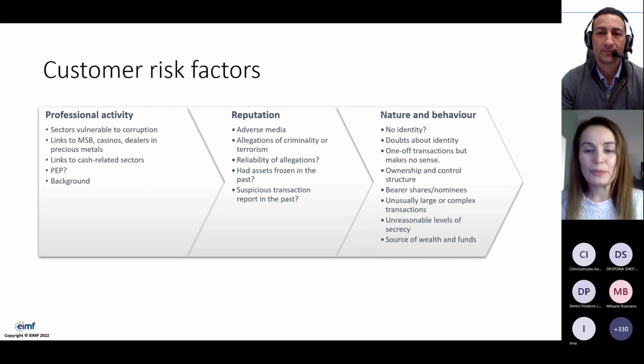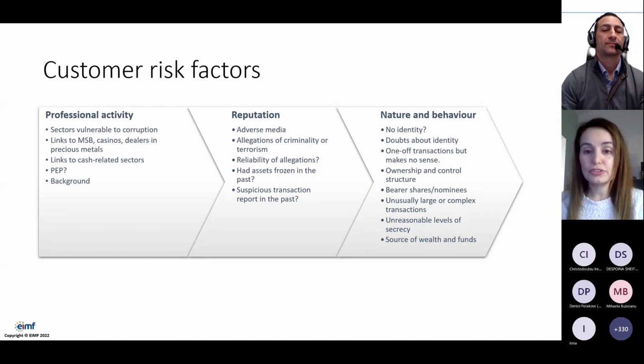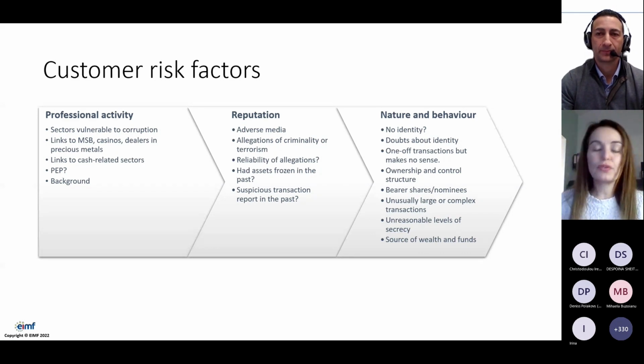So PEPs are very vulnerable to bribery, and they are in a position to influence governmental decisions for their benefit and not for the public's benefit. And of course, the background. What is the experience of the client?